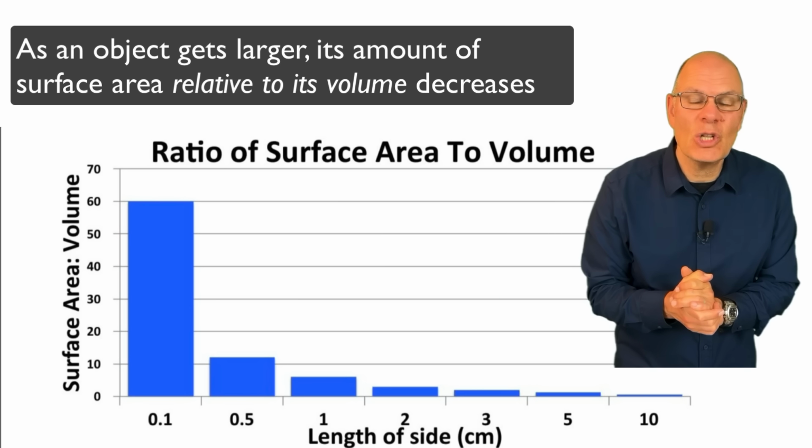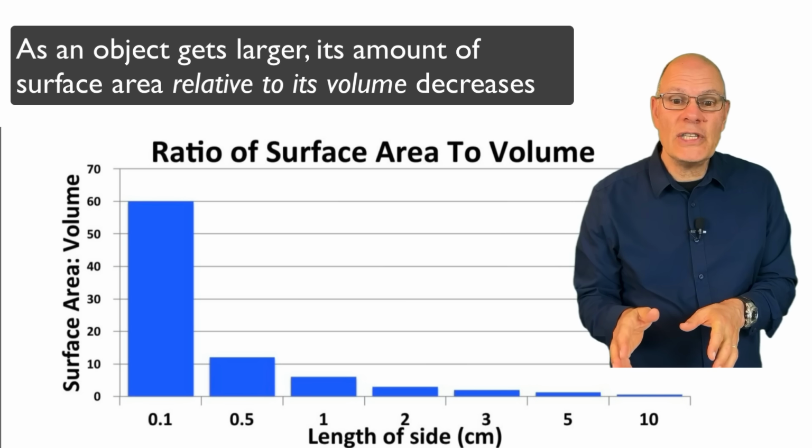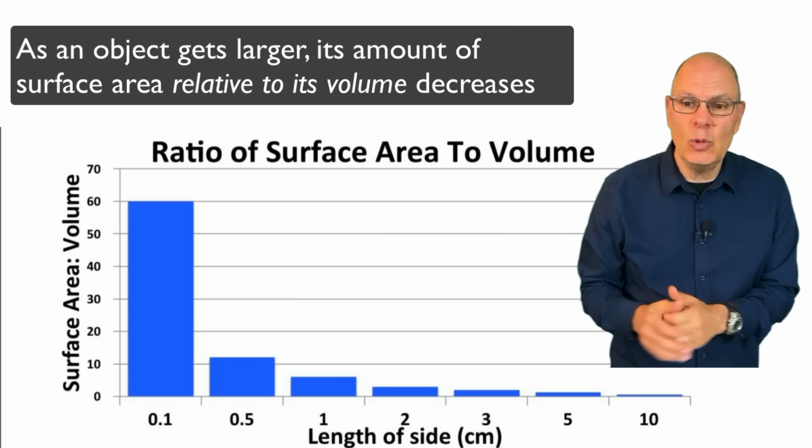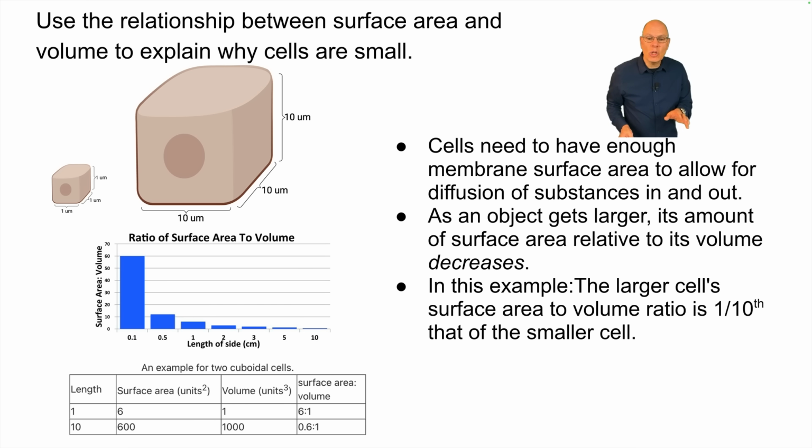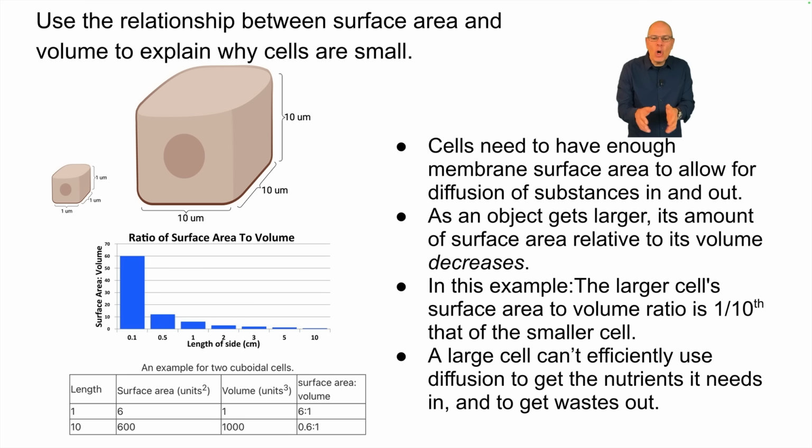As an object gets larger, its amount of surface area relative to its volume decreases. And in this example, the larger cell surface area to volume ratio is 1/10 that of the smaller cell. And a large cell can't efficiently use diffusion to get the nutrients it needs in and to get waste, carbon dioxide and metabolic waste out.